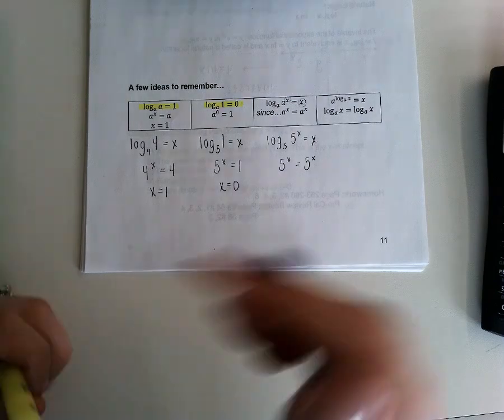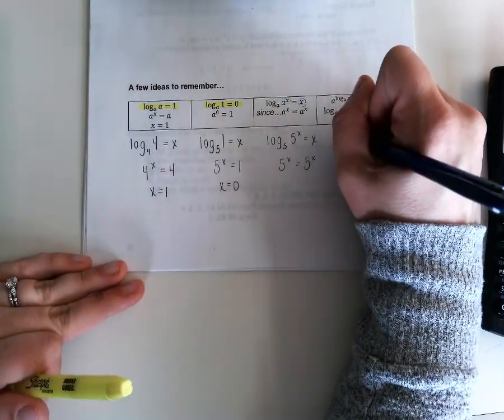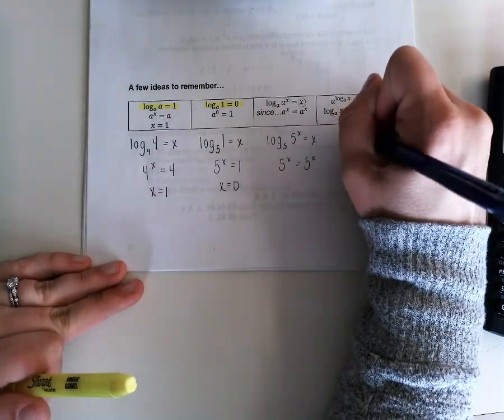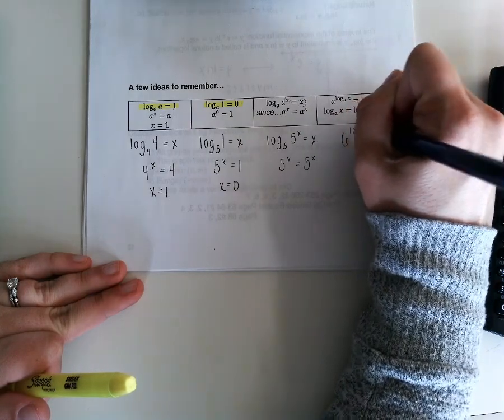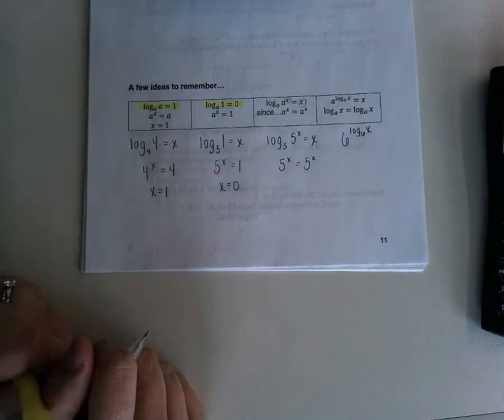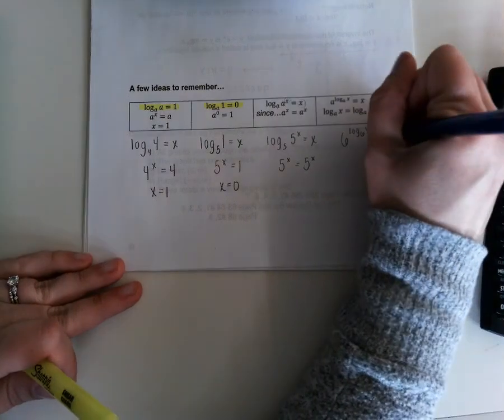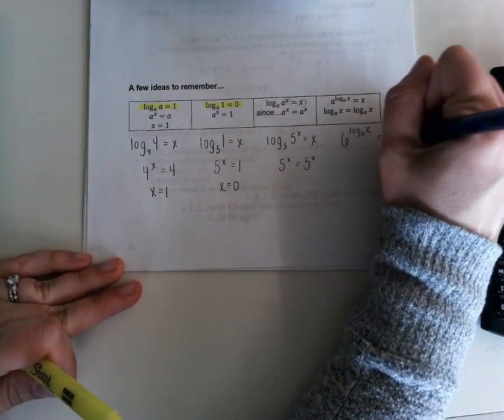what that means is that, and I'll write that down, so let's say you had 6 to the power of log base 6 of x, and let's call it y.